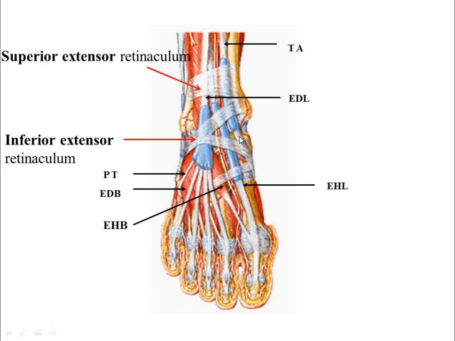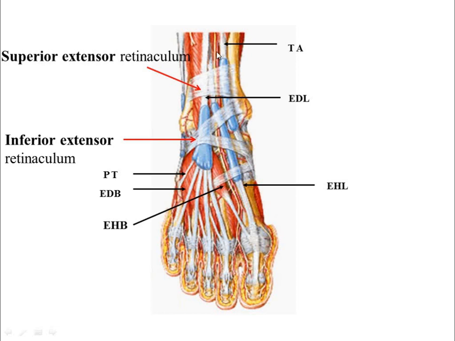So the sequence is tibialis anterior, extensor hallucis longus, then the anterior tibial artery, deep peroneal nerve, extensor digitorum longus, and peroneus tertius.